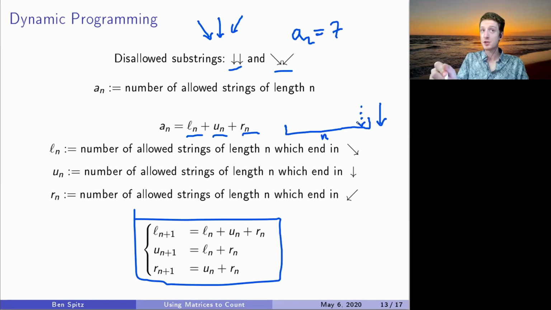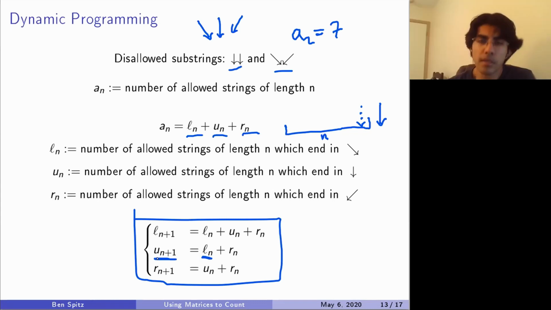If the last thing was a straight arrow, then I'm out of luck. But if the last thing was one of the other two possibilities, then it's fine. So if I have an allowed string of length n that ends in one of the slanty things, I could follow that by a straight thing. That tells me that the number of strings of length n+1 that end in a straight thing is produced by having one string from each thing that ends in a slanty thing. Yeah, that makes sense. Thanks. Okay.